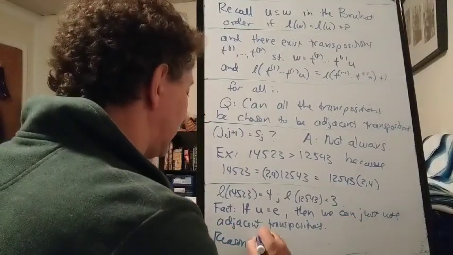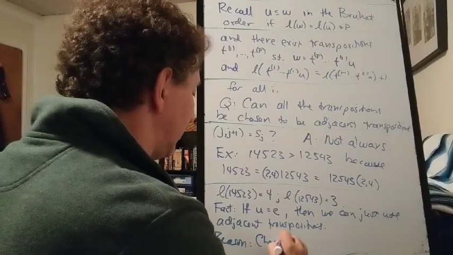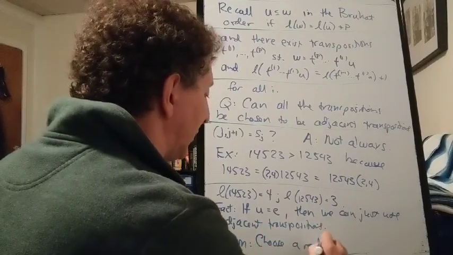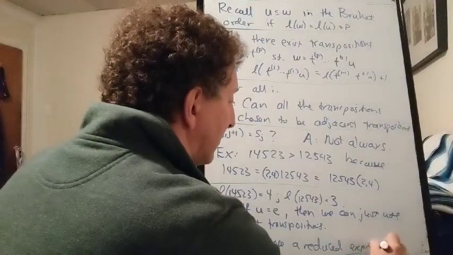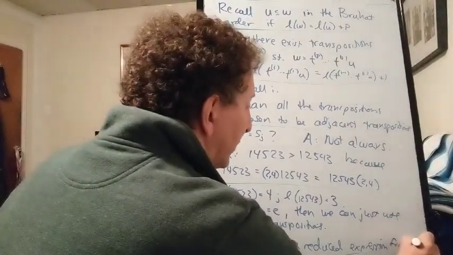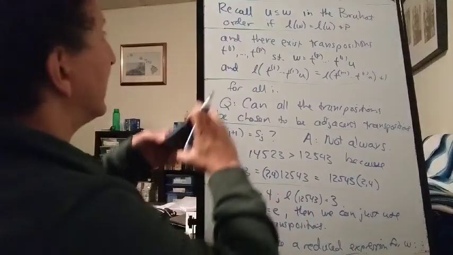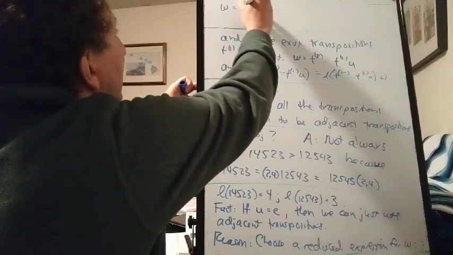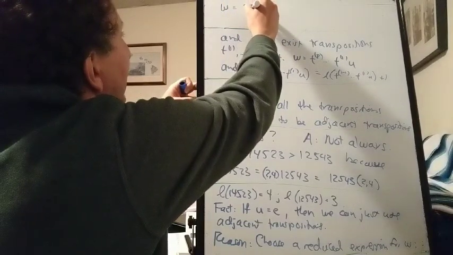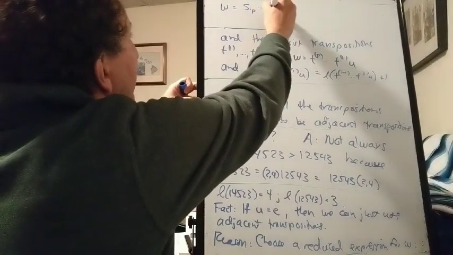And the reason is we can choose a reduced expression for W, let me write it as S_iP through S_i1.